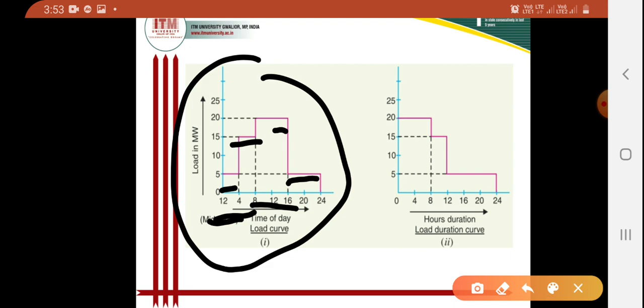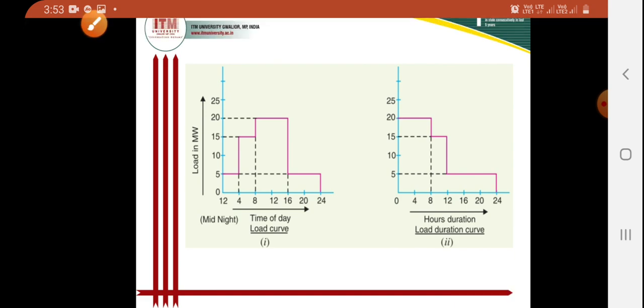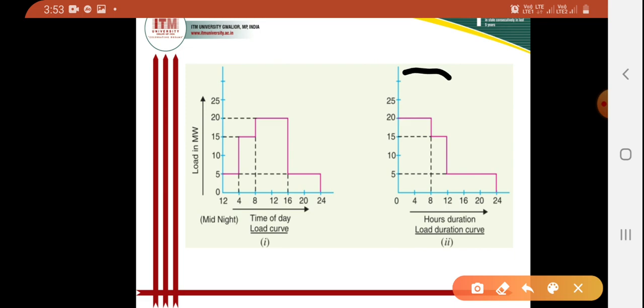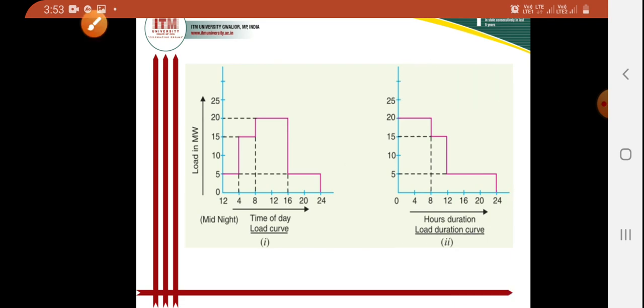But when we come to the load duration curve, I told you that the load with respect to time will be arranged in descending magnitude. So here we have to arrange the load in a descending order.